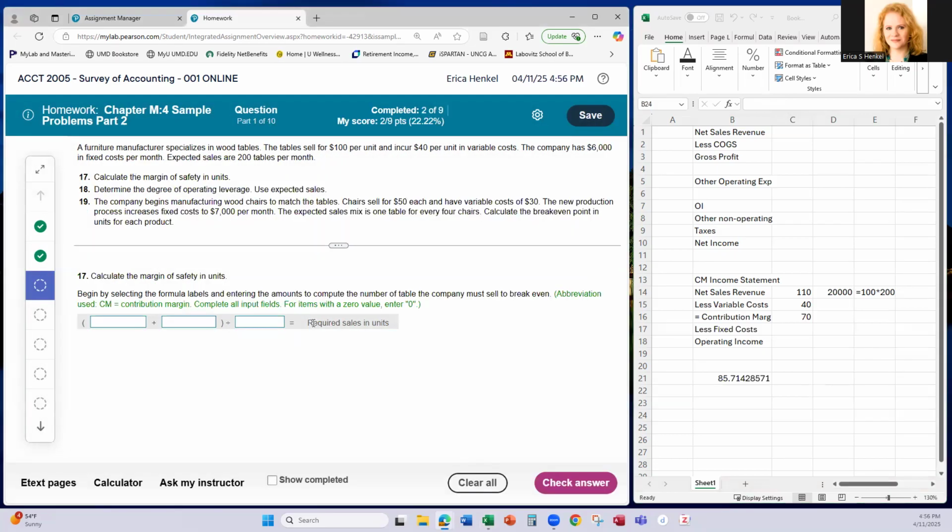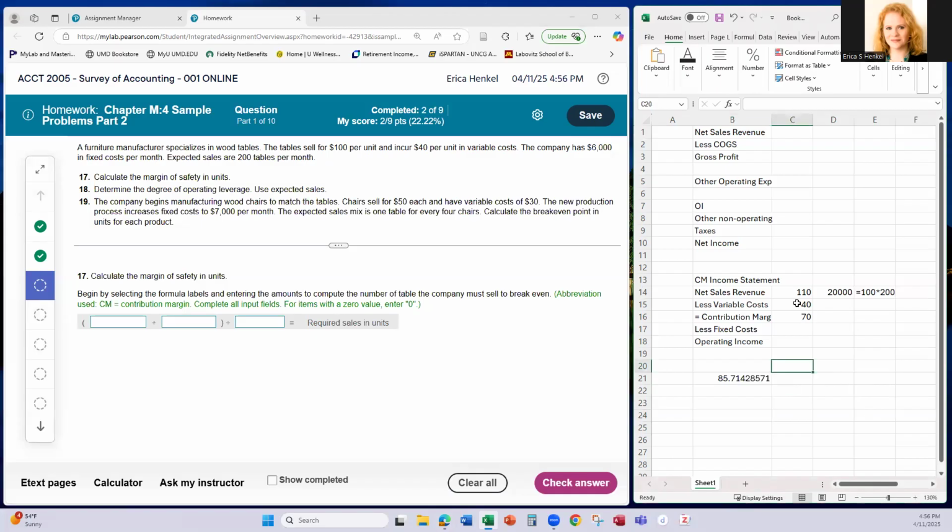Okay, so for our next problem here, we've got the furniture manufacturer again, and they also want us to calculate margin of safety. Now, margin of safety is how many extra units we have beyond our break even, right?